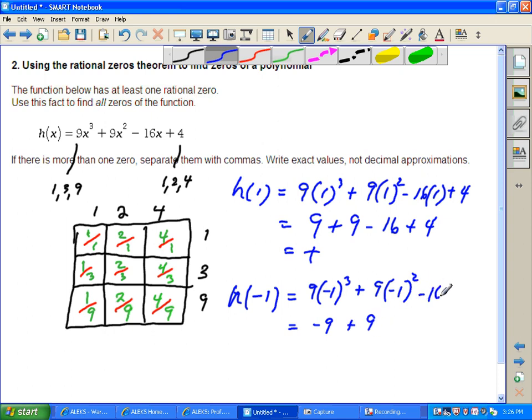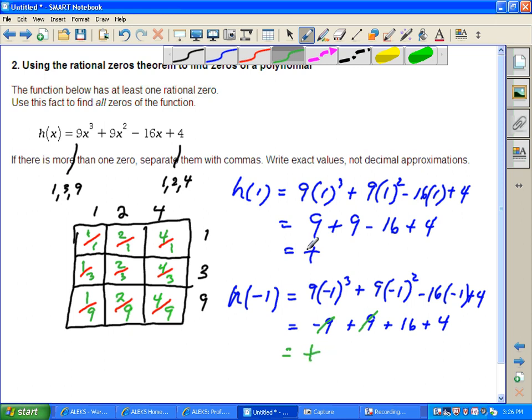Negative 16 times negative 1, positive 16, and plus 4, plus 4. So you can see a negative 1 will change the coefficients of terms that have an odd degree to the opposite sign. And well, let's just add these up real quick and check if it comes out to a 0. No, it doesn't. It's also positive, right?